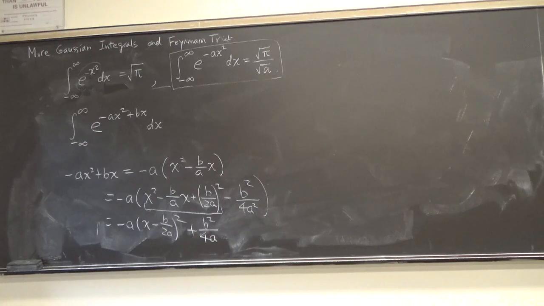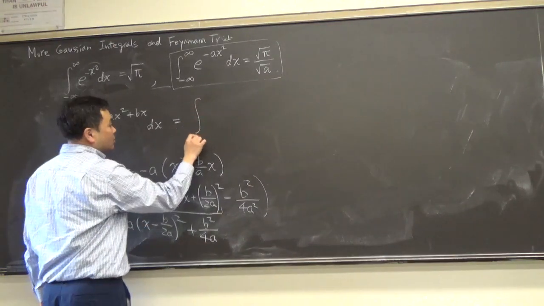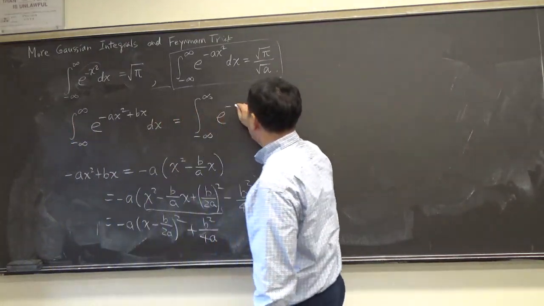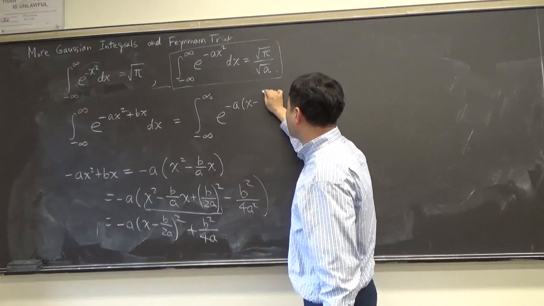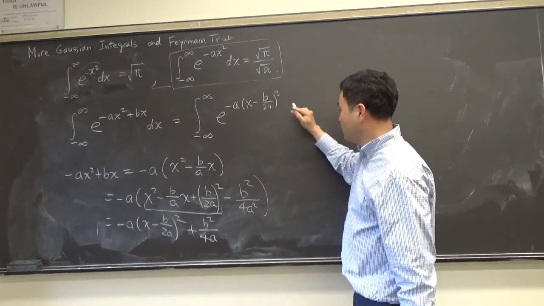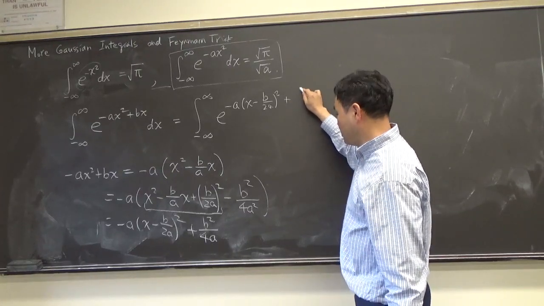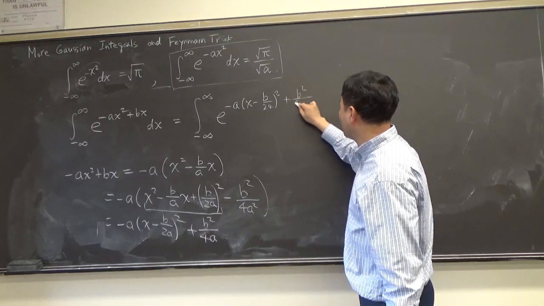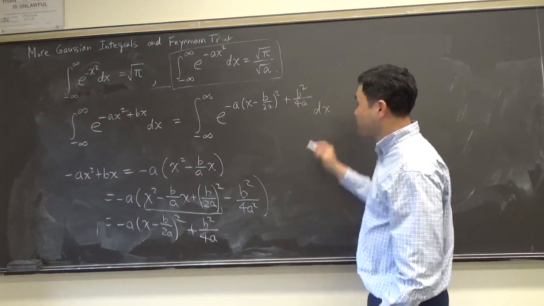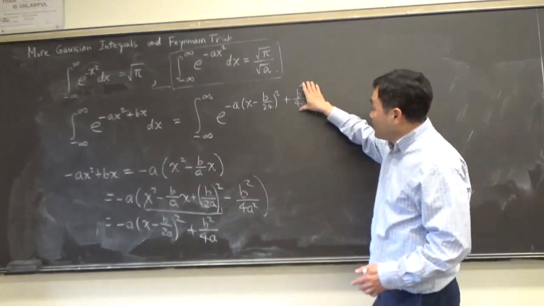Okay? So with this, we now have the integral from negative infinity to infinity of e to the negative a times x minus b over 2a, squared, plus b squared over 4a. But b squared over 4a is just a constant, right?